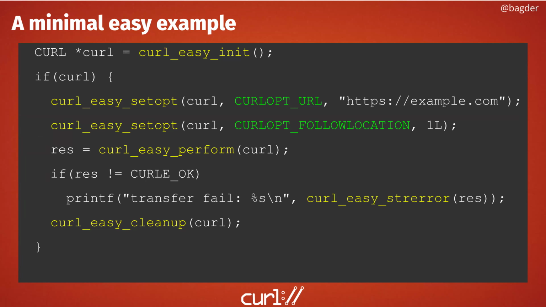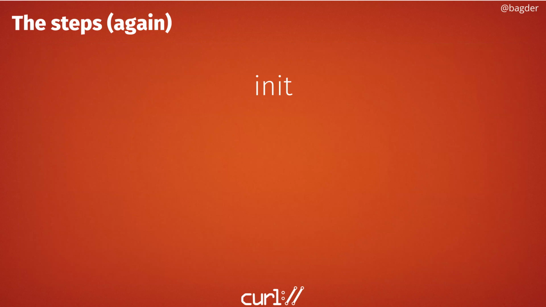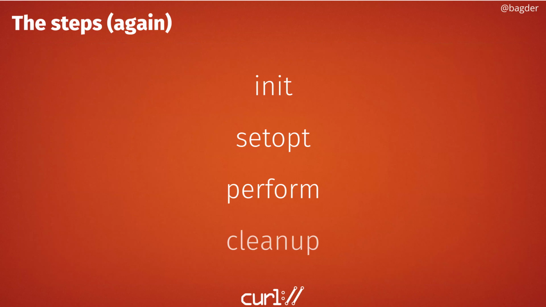So this is basically just spewing out the HTML from that URL on standard out, and then it'll be done. So you init the handle, you set up the options, you do the perform to do the actual transfer, and then you clean up the handle. Those four steps: you might do quite a few setups depending on what you want to do, but still, init, setup, perform, cleanup. It's that easy.